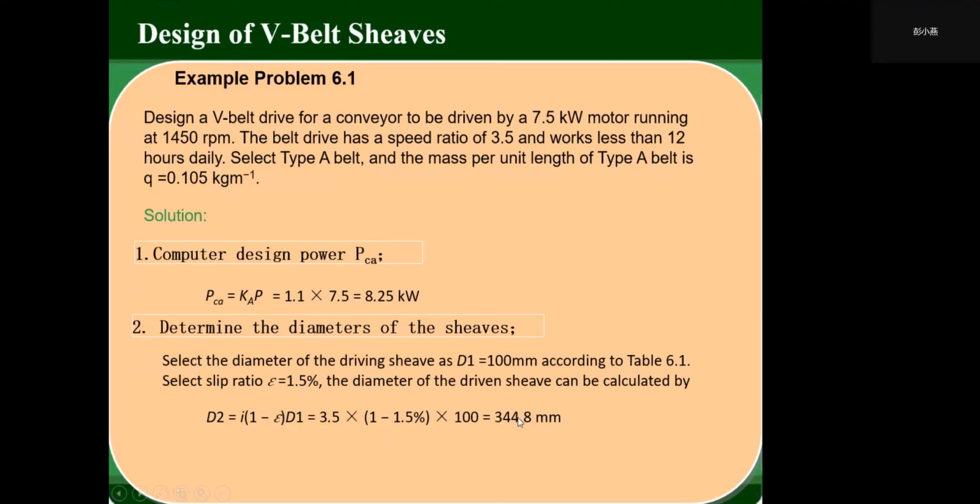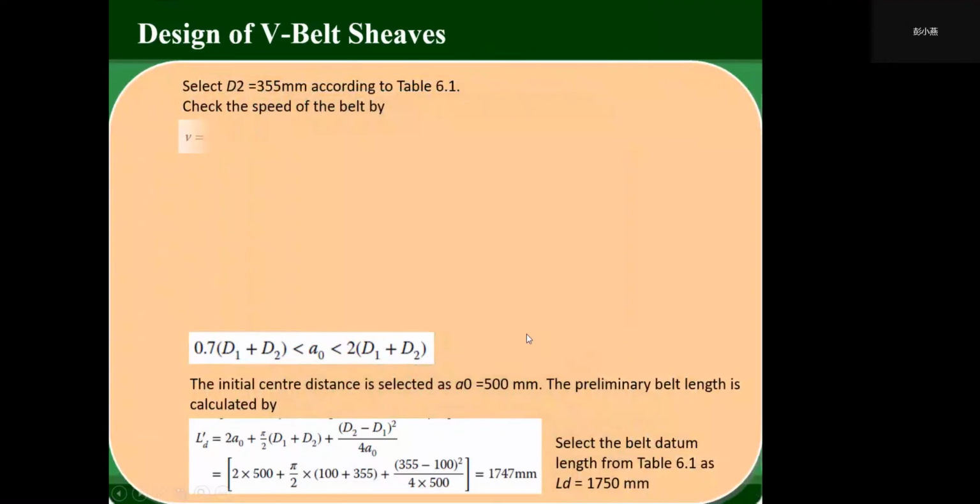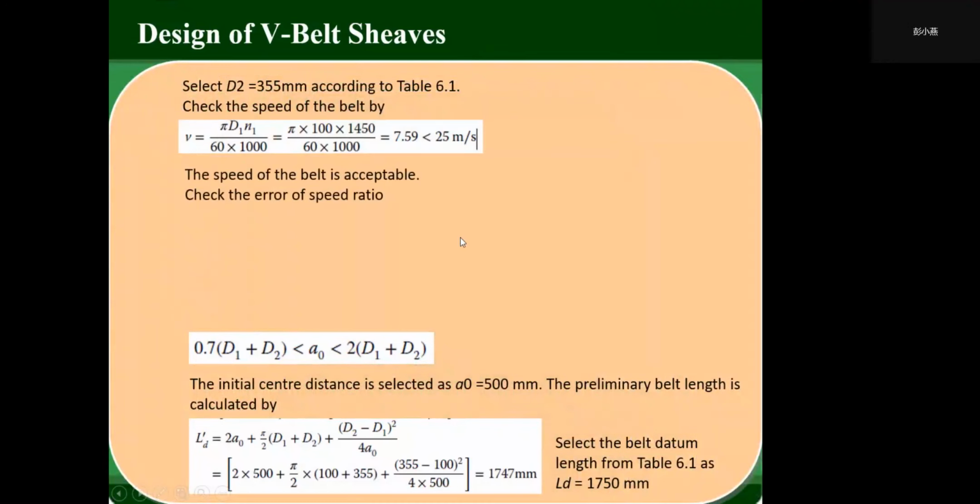So we should choose a standard value from tables, and then select the standard value as 355 millimeter according to table 6.1, and then check the speed.